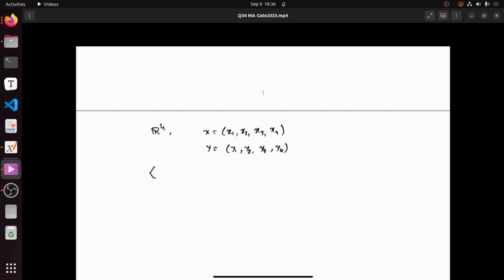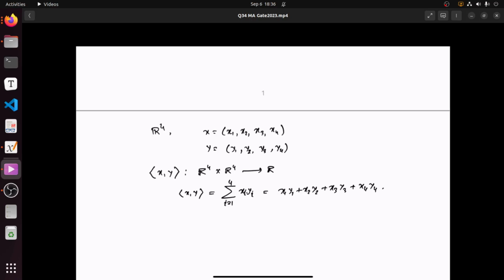So an inner product is a map from R4 cross R4 to R. How is this defined? The inner product of x and y is just the sum, i equals 1 to 4, of xi yi. So basically x1 y1 plus x2 y2 plus x3 y3 plus x4 y4.